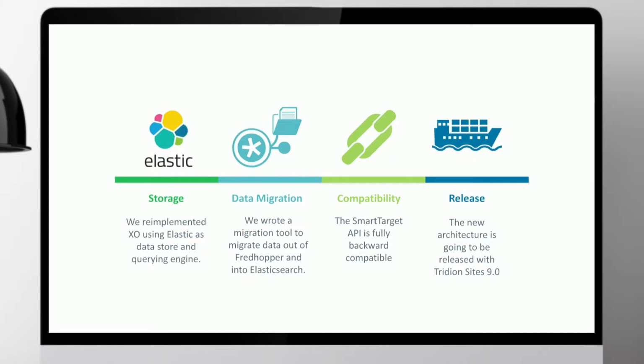The other big thing to ensure was compatibility. We made sure, on a code level but also on a functional level, that the Smart Target public and supported APIs are fully backward compatible with the APIs that you know today. At this time, I can say that that's 99% the case.